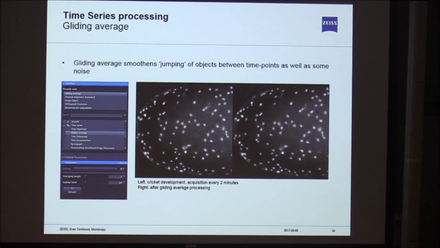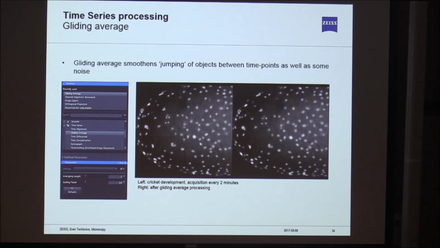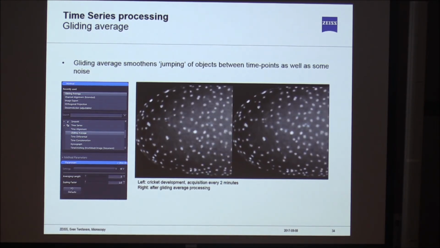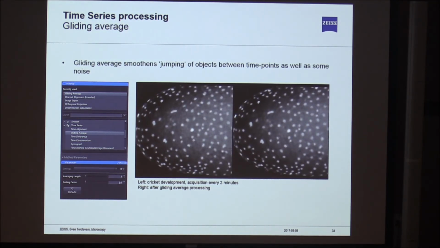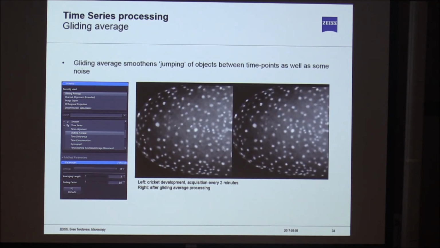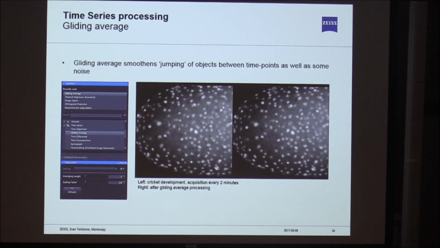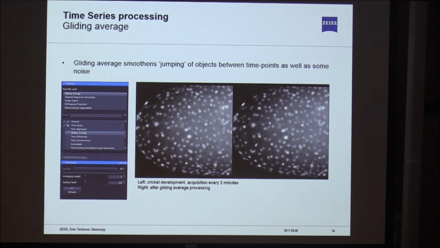And then last but not least, when you're acquiring time series, if you have some fast-moving or even slow-moving objects, it can be interesting to apply a gliding average. With the gliding average, you actually smoothen some objects that are jumping around or noise in the background. As you can see here, you see some flickering, which is noise in the background.